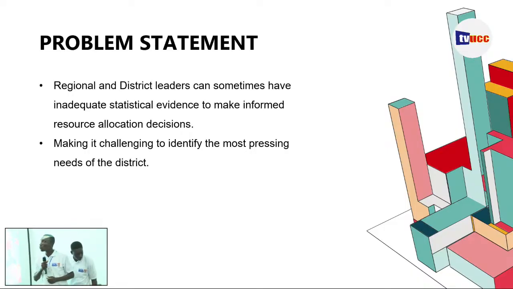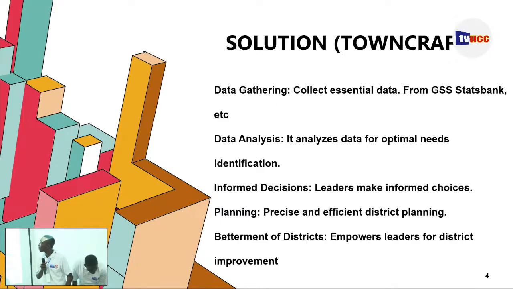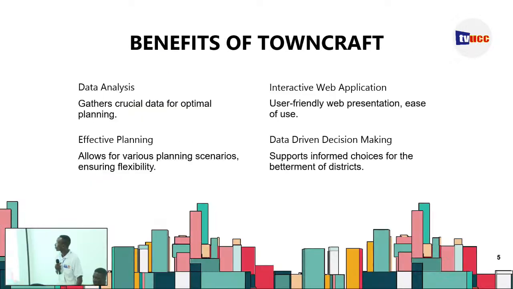So we are coming up with a web application that will analyze data about certain facilities and make it available for such an MP to consider and know what is actually necessary to be created first. That is what Towncraft is about.